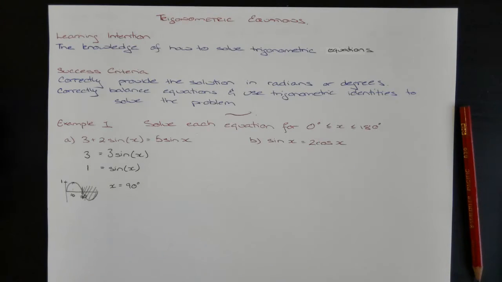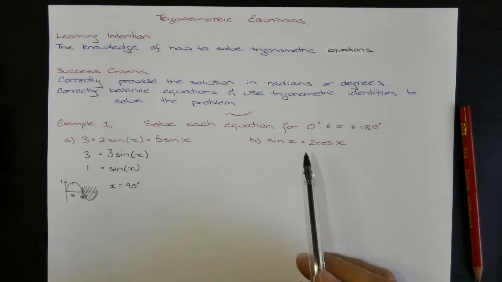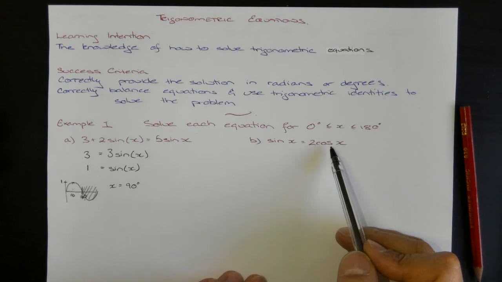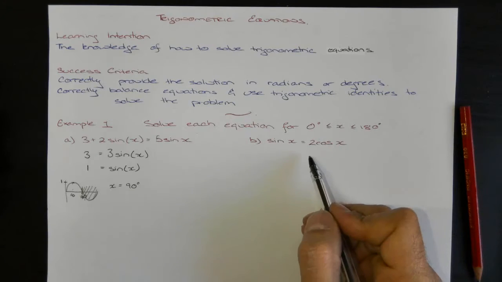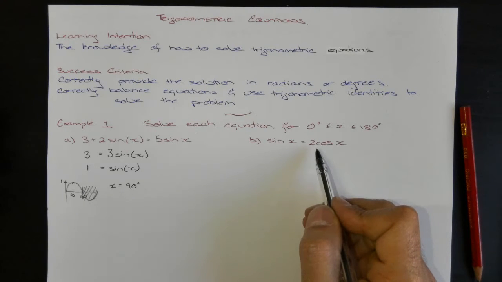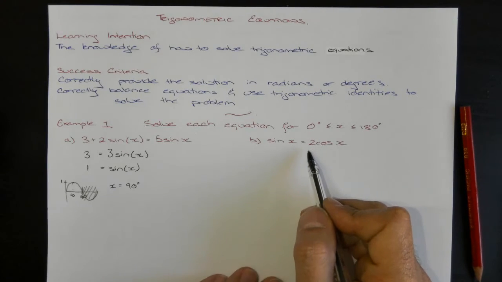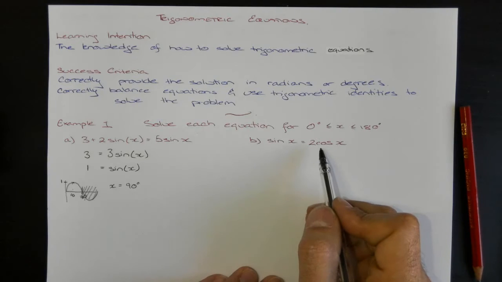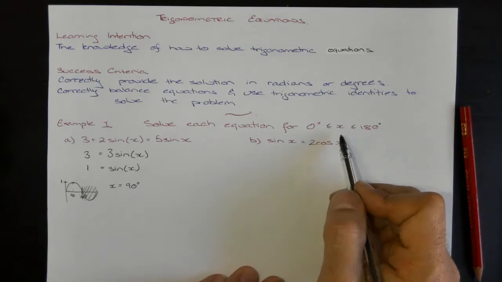Okay. Let's look at this one. We've got sine of x equals 2 cos of x. Unfortunately, we've got a sine and we've got a cos, and we can't do a lot about that. But why don't we manipulate this?